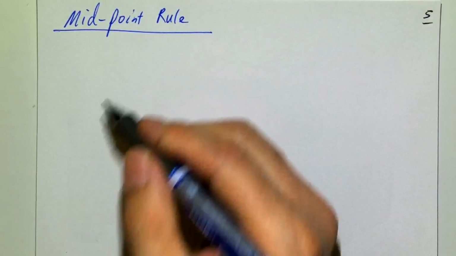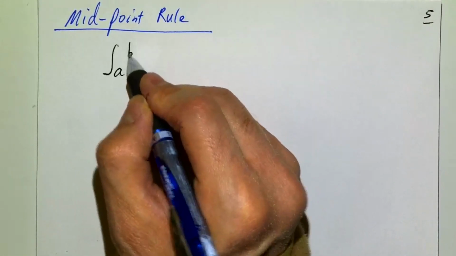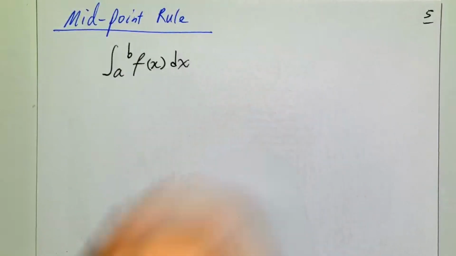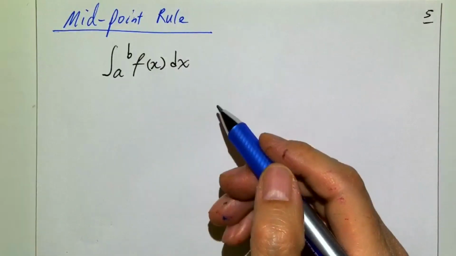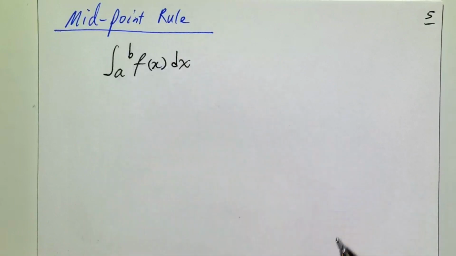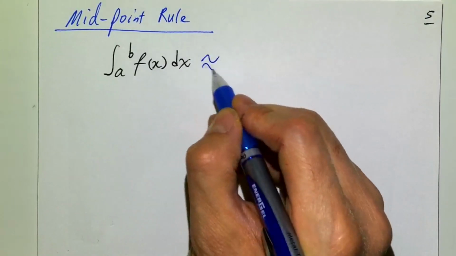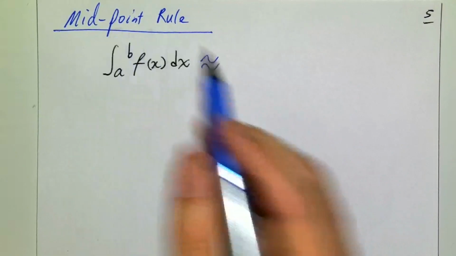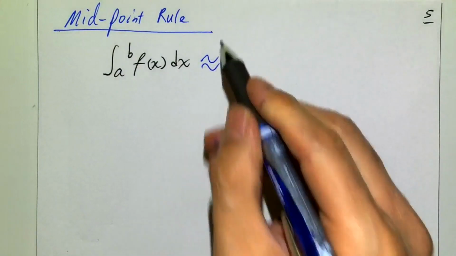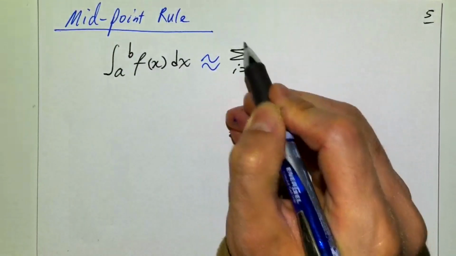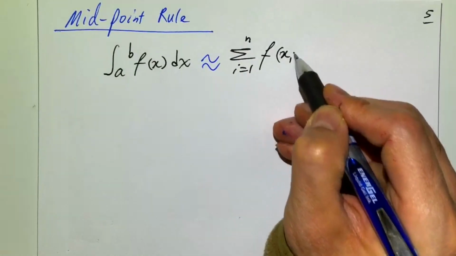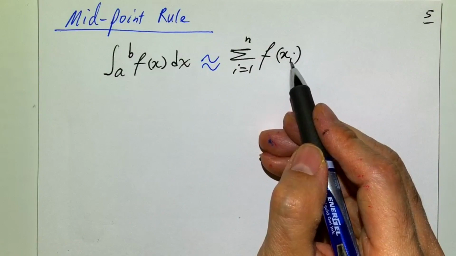If we have the definite integral from a to b of f of x dx, that is roughly, again, calculating this definite integral using the summation of those rectangles, using the midpoint of those rectangles, is roughly equal to the sum of those rectangles for the midpoints, that x̄i here.